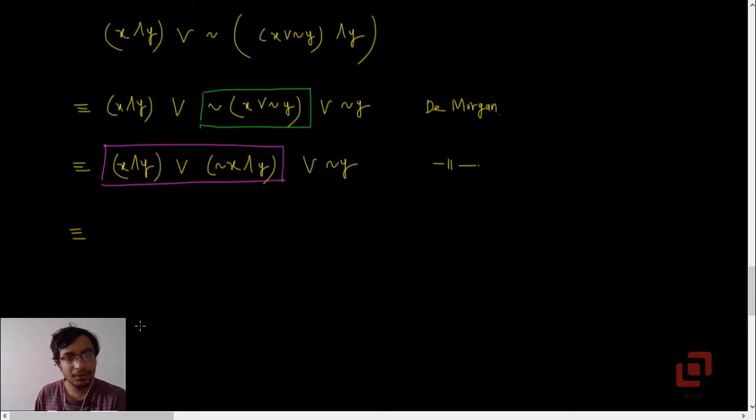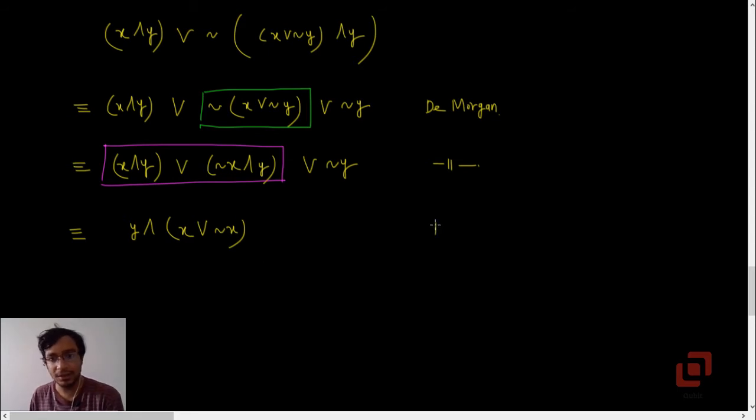So here it should be y, right? Yes, so it is y and x or negation x, is it right? Y and x or y and negation x.